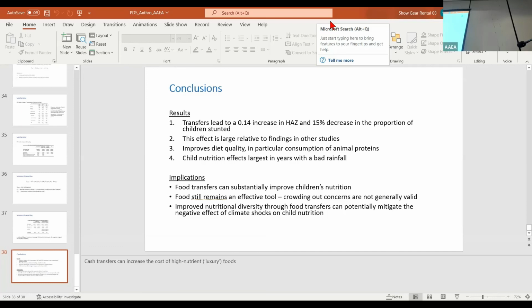But what we can be very sure of is the larger effects during the environmental shock.